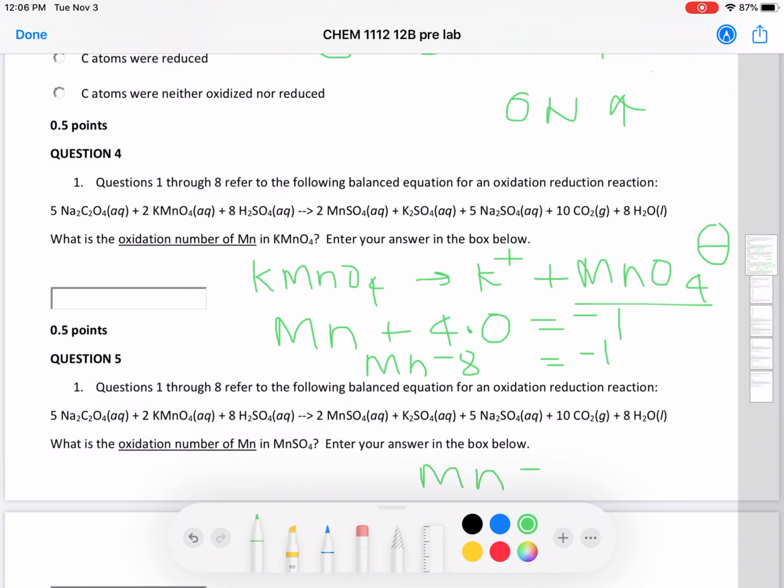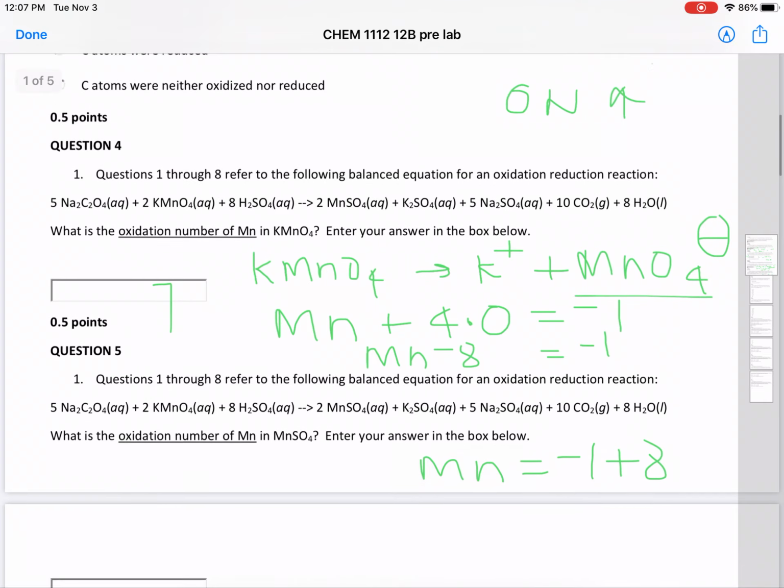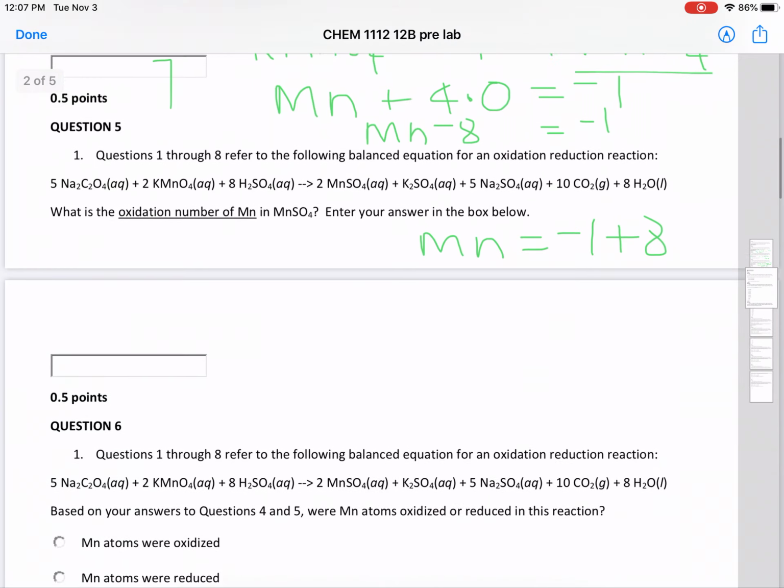So manganese would be -1 plus 8, which is +7. So the oxidation number for manganese is 7. You just have to enter the number only; you don't have to worry about the sign. Okay. So in potassium permanganate, the oxidation number for manganese is 7.